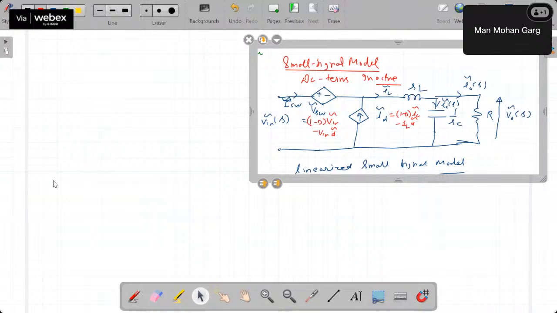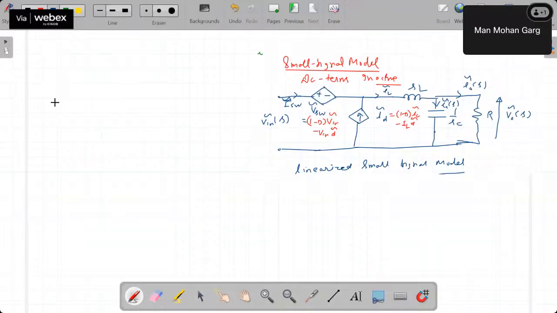We will obtain various small signal models with the help of this. So we will just write the KVL equation, right? So we will write KVL equation in this loop.